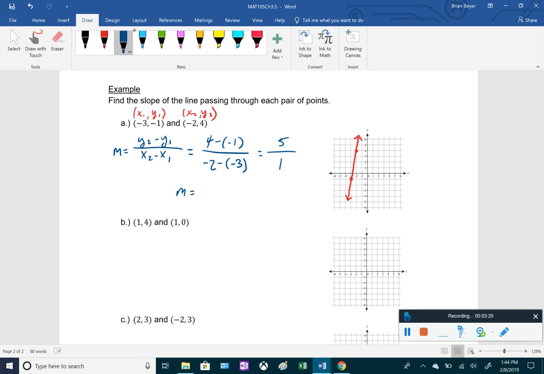So the slope here is going to be 5. That's a positive slope. Positive slope means the function is increasing, which just means it's rising from left to right. We can also see on this graph, it goes up 5 units and to the right 1. So rise over run: up 5, to the right 1.